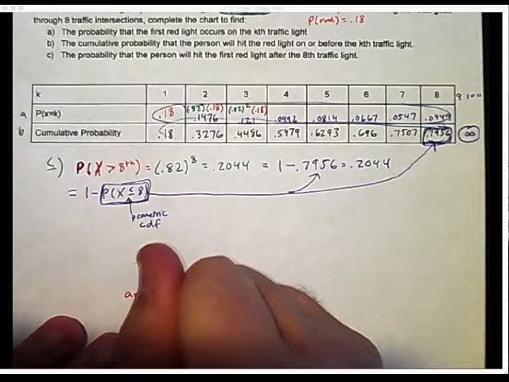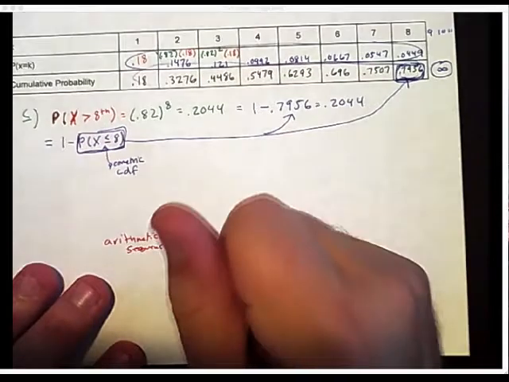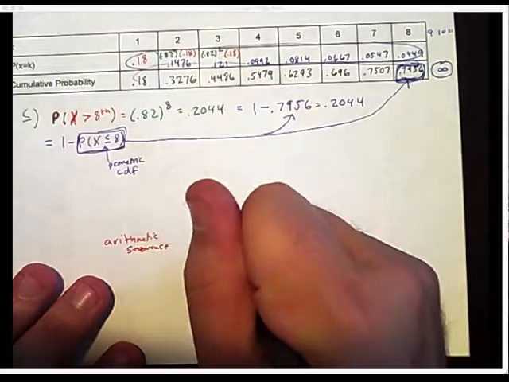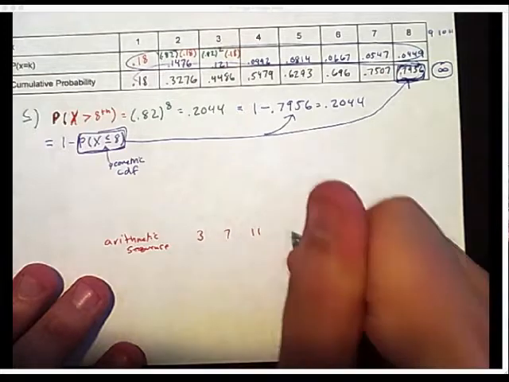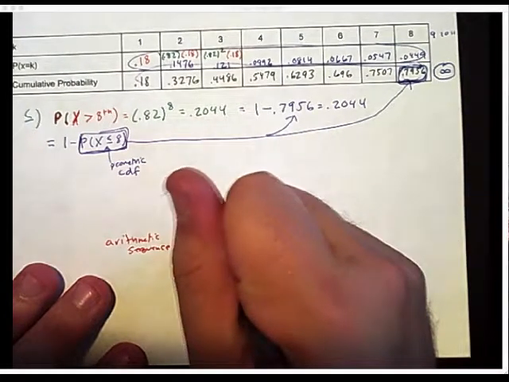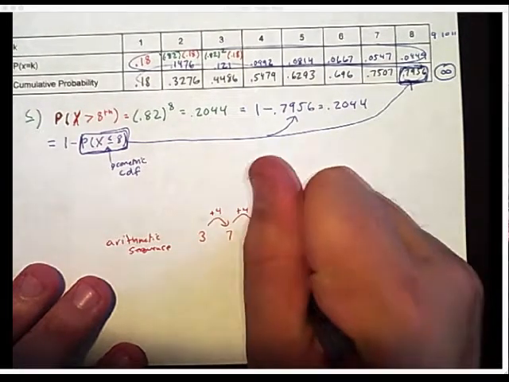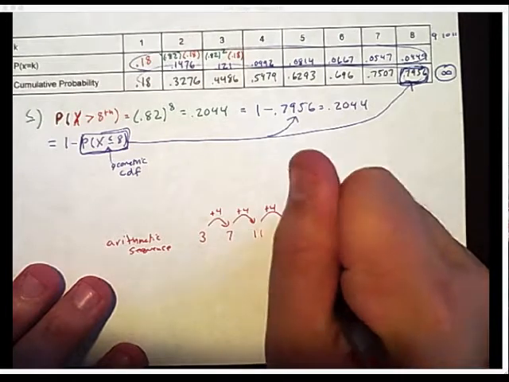If we have an arithmetic sequence, for instance, here's an example of an arithmetic sequence. 3, 7, 11, 15, 19. So you're adding the same number each time. That's why it's called arithmetic, because you're adding.